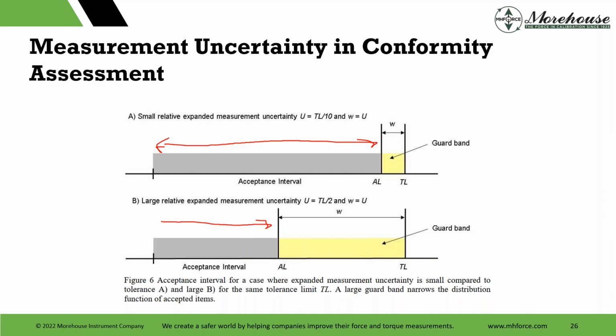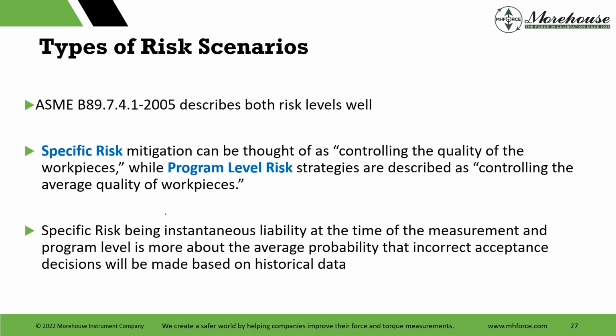So for specific risk, both global and specific, measurement uncertainty of the reference is included in these calculations. Some people start with TURs and all that stuff, but just know the smaller my uncertainty, the larger my acceptance interval, and the larger my uncertainty, the smaller my acceptance limit.